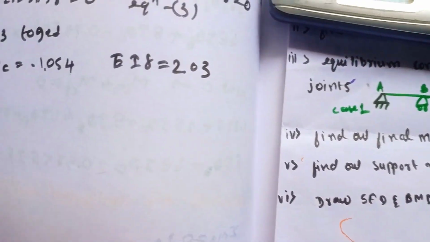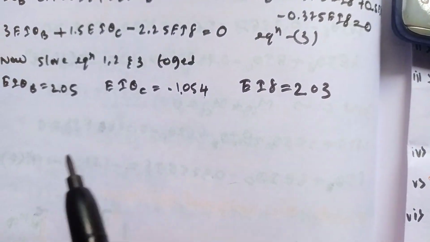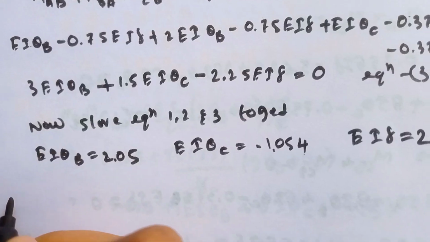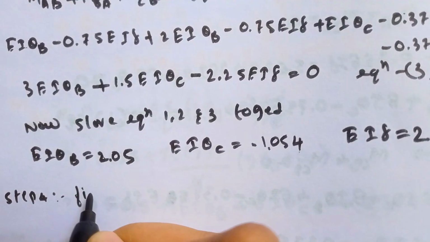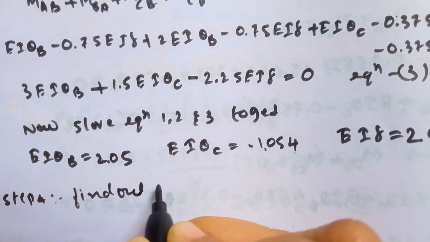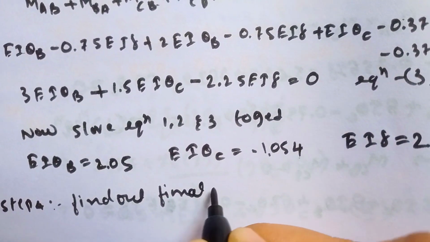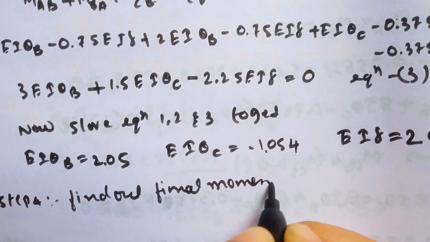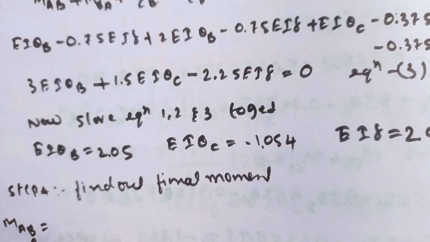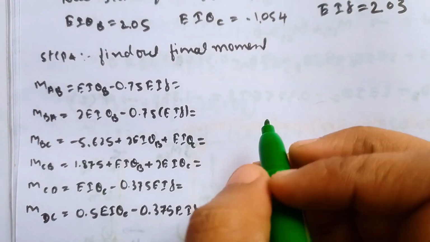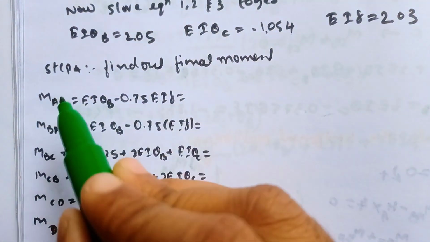Now find the final moments. So we have to put these three values. Step number 4 is to find out the final moments. I will write all the equations first. MAB is equal to, so I have written all the equations here. Now substitute.